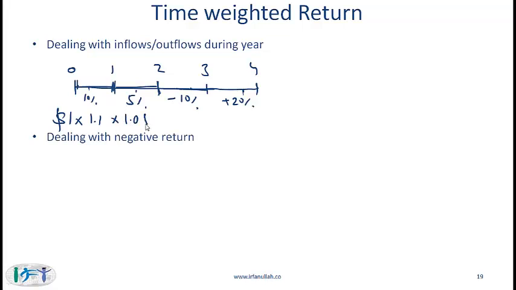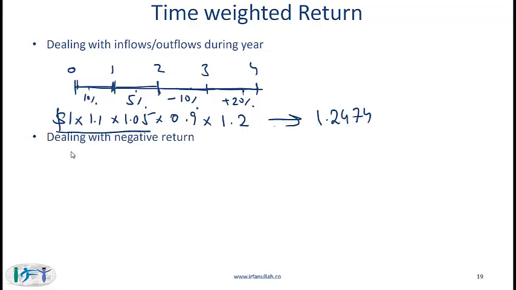And then we multiply by 1.05 because there is a 5% return, and then multiplied by 0.9 because we have a 10% decline. So whatever value we have will go down by 10%, and we express that by multiplying by 0.9. And then finally the fourth quarter is good, up by 20%, so we multiply by 1.2, and this should give us 1.2474, or effectively the return over the year was 24.74%.